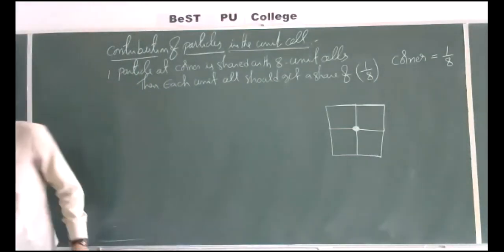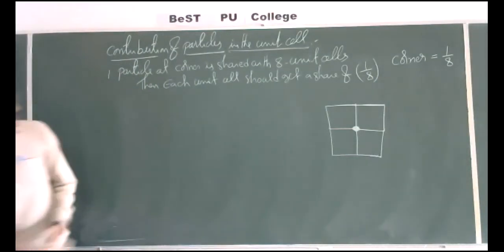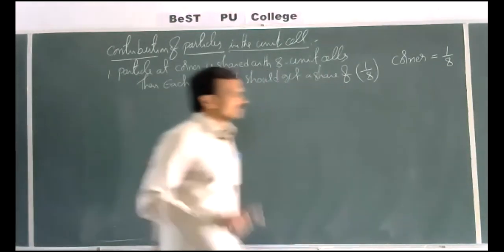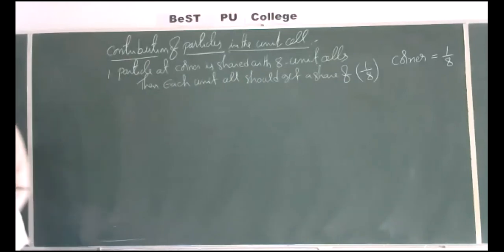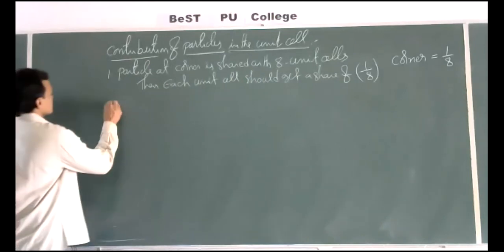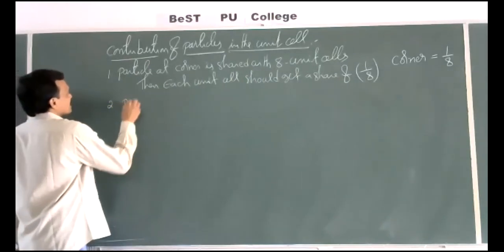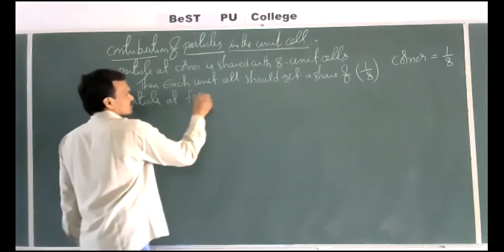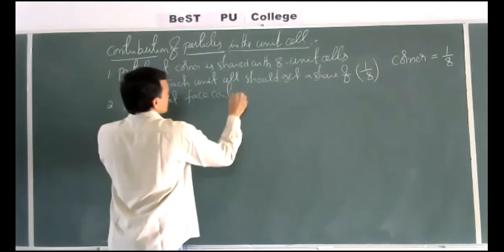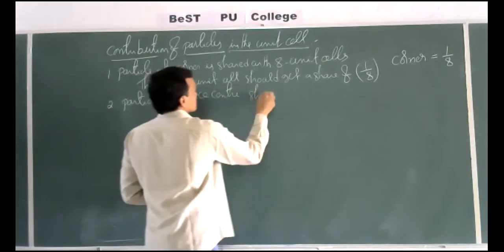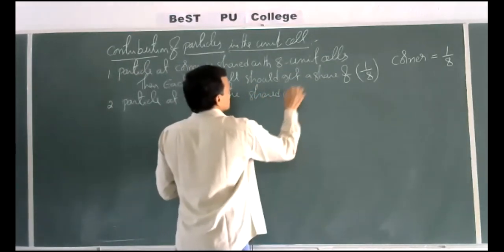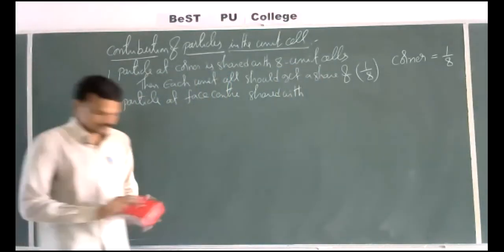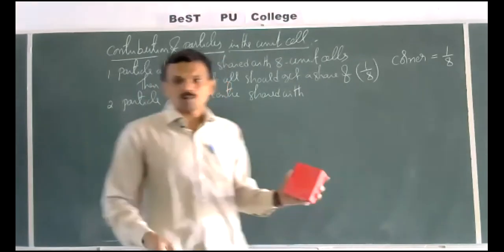This is the first one. Coming to the second one, corner position is over, and one more question I will take: face center. A particle at the face center is shared with how many unit cells? Now let us see here. This is the box.